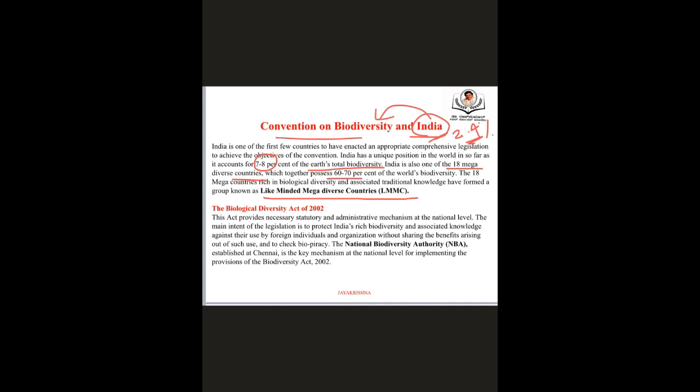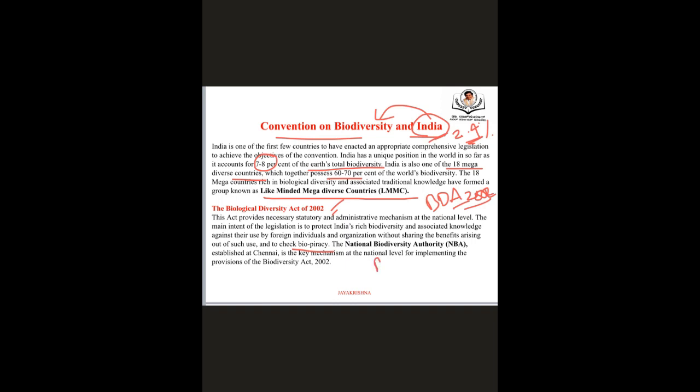The Government of India, as a signatory to CBD, enacted an act called the Biodiversity Act, popularly called BDA 2002. Way back in 2002, an act was enacted called the Biodiversity Act to protect India's biodiversity and the knowledge associated with this biodiversity, and also to check biopiracy and bioprospecting.